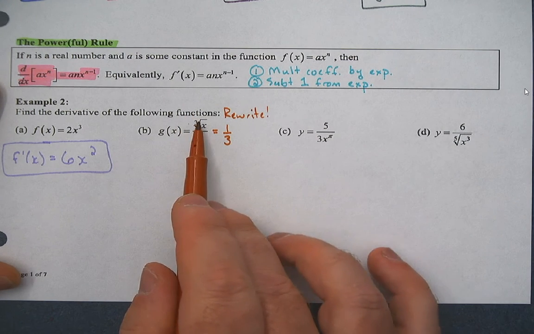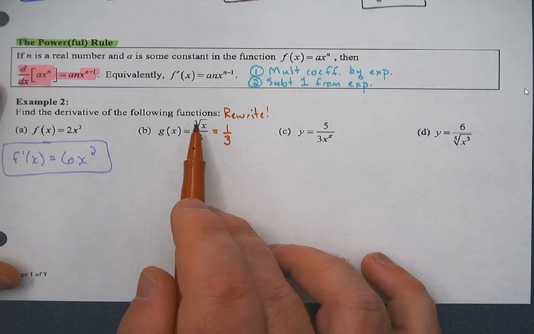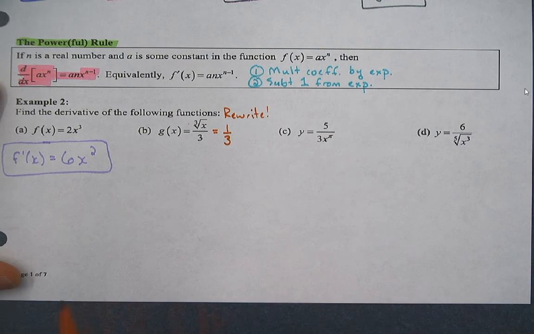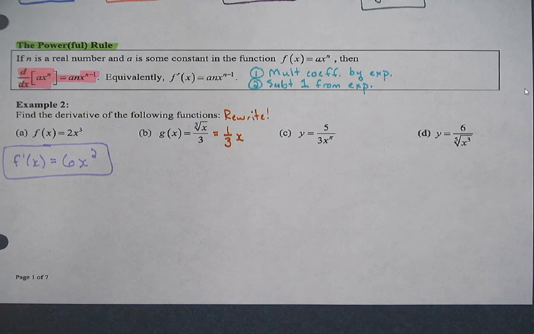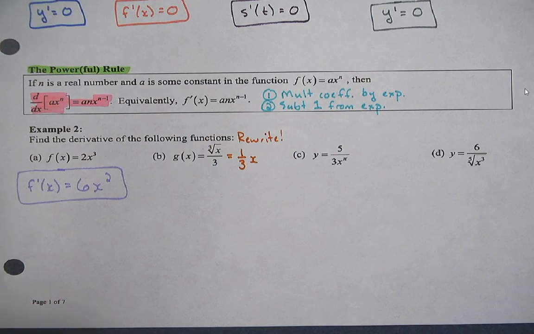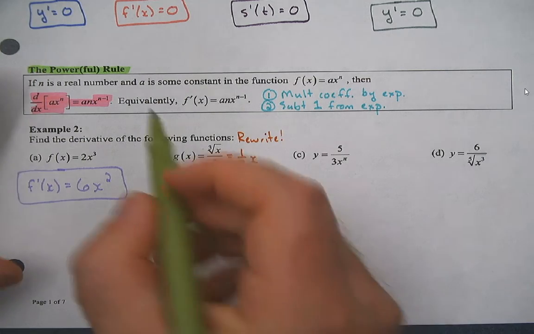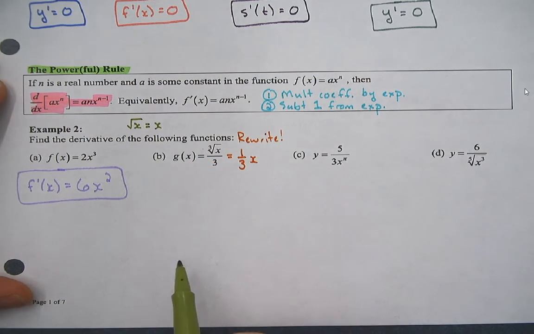Then we've got to go back and remember, what do we do with roots, and how can we rewrite them as an exponent? Well, I always remember this one. I always think, all right, what is it with square root? The square root of x is equal to x to the what?